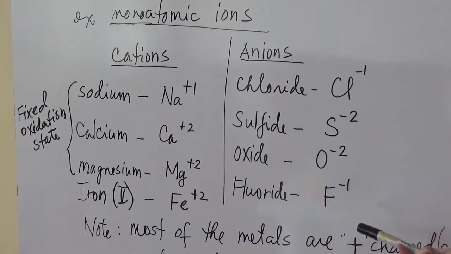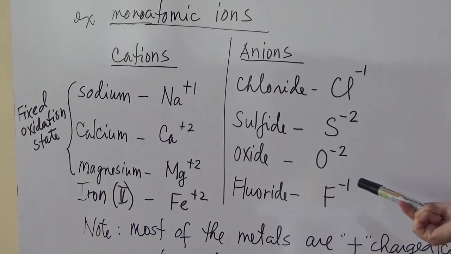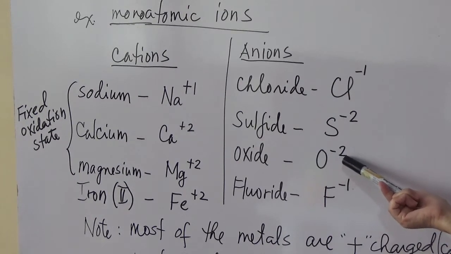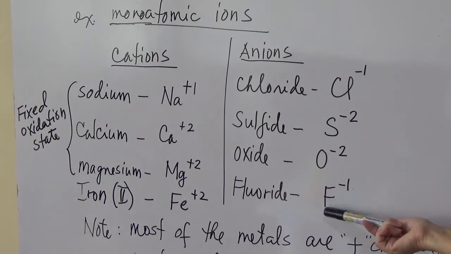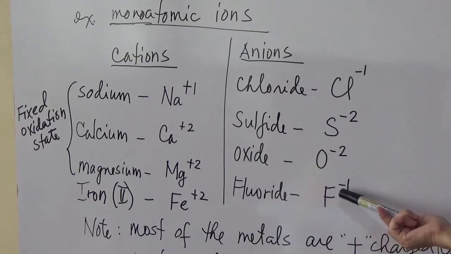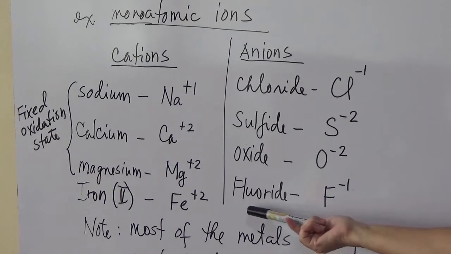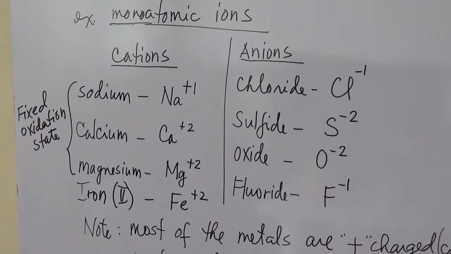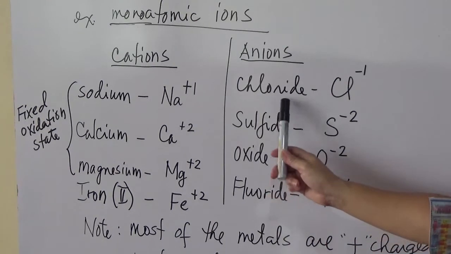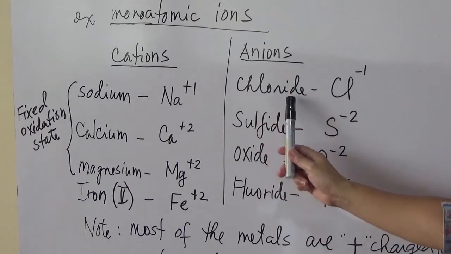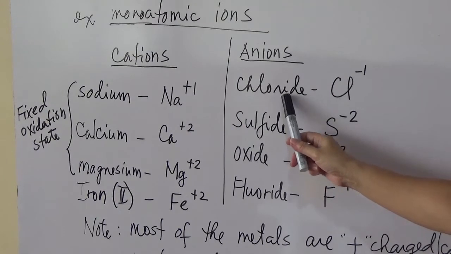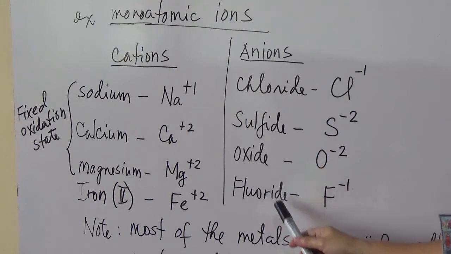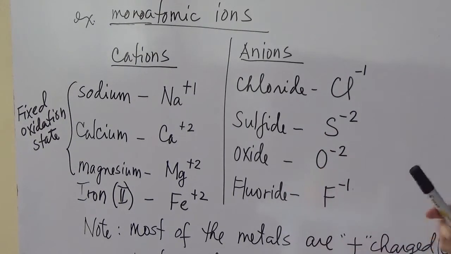For oxygen as an ion, -2 charge, it is named as oxide. We have fluoride, the fluorine, which has a -1 charge, so it is named as fluoride. Take note that the name of the anions, if it is monoatomic, meaning one element only, always ends with -ide. Okay? Take note of that one.